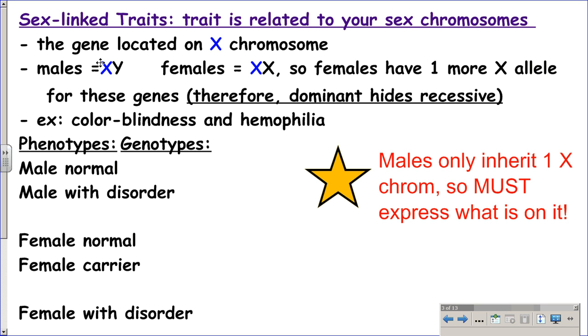I'm going to fill in the genotypes. Earlier you guys wrote down the phenotypes, and we're going to write down the genotypes next to them in a second.